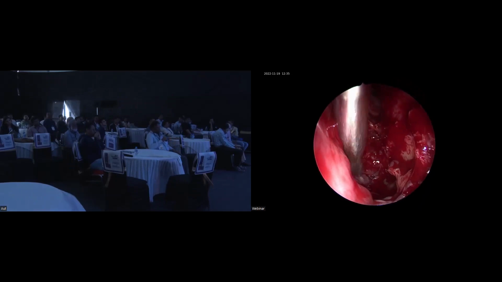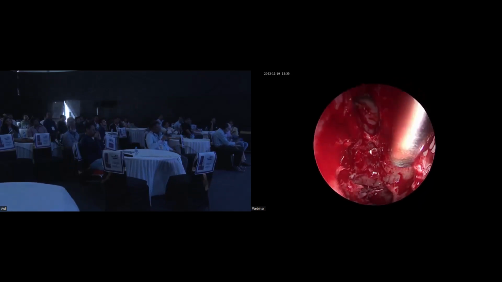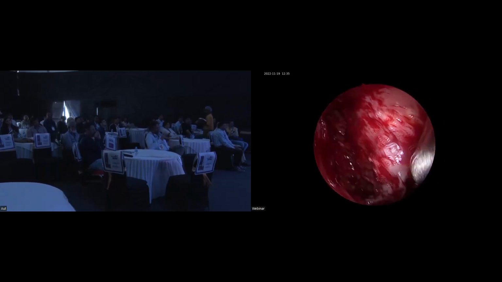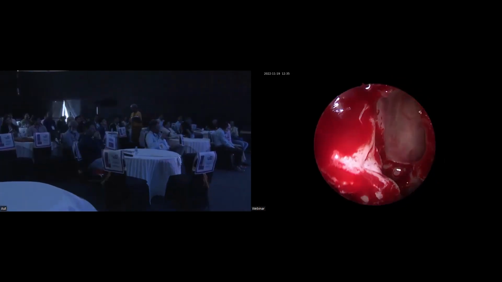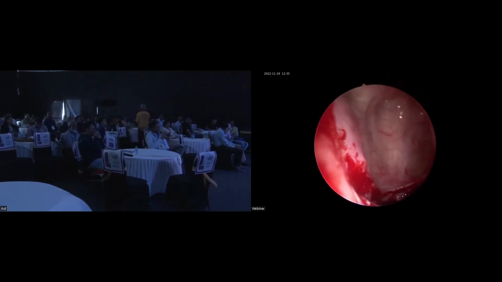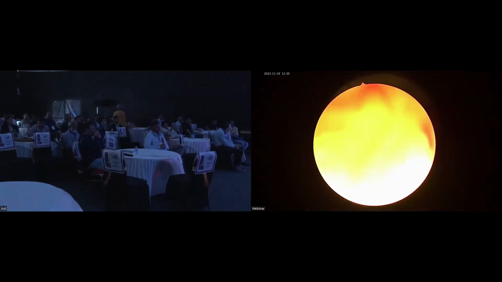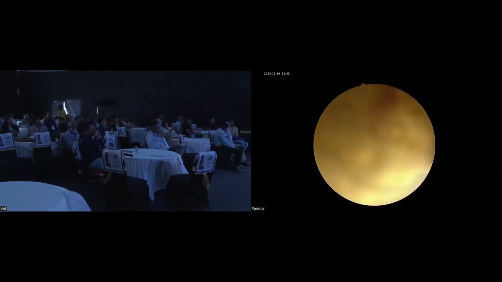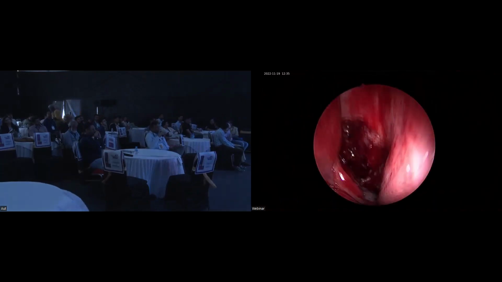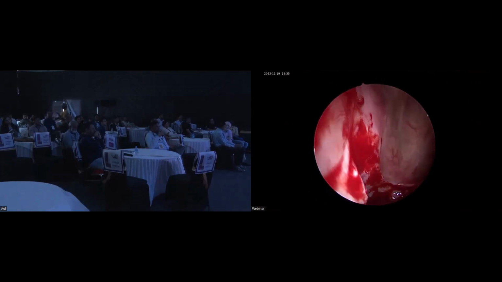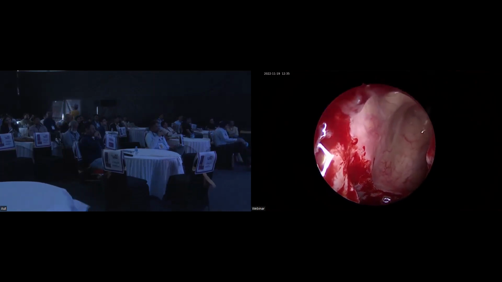Now I'm going to switch. Give me a Merocell with adrenaline. I'm going to switch to the 0 degree scope because I still need to clear the posterior ethmoid cells. You can see within the maxilla, it's very clean and healthy. You can also see the bulge of the infraorbital nerve beautifully.